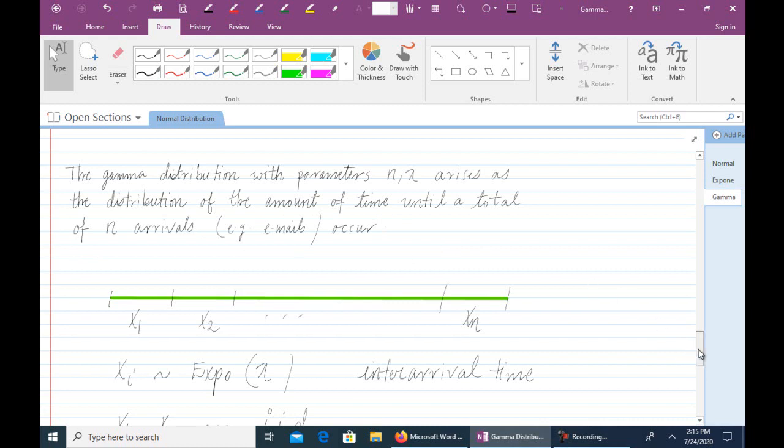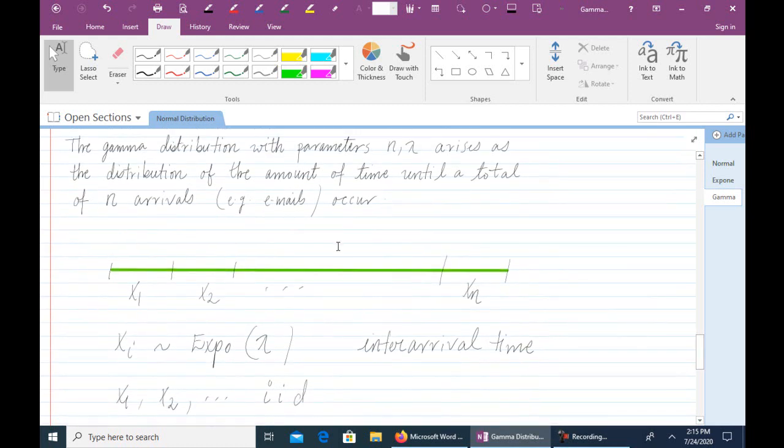To explain that a little bit more, let's say we have this process evolving where we are observing arrivals of some events like emails or earthquakes. Let's say x1 is the time until the first arrival.